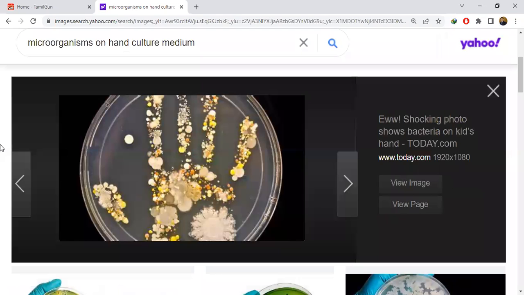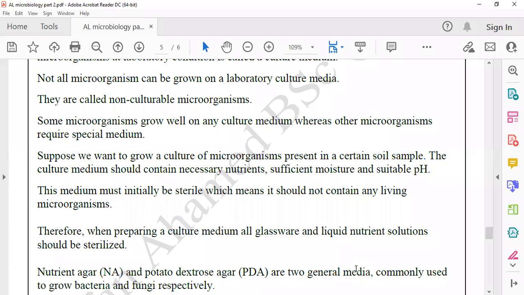One person has kept his palm on the culture medium. So what has happened is the microorganisms in his hand have grown there. So see how nice it is. You are nicely looking at it. Right. So that is the idea. So it is you going to introduce it.